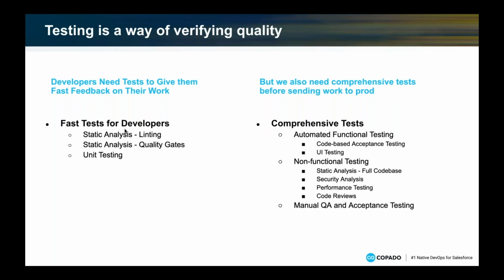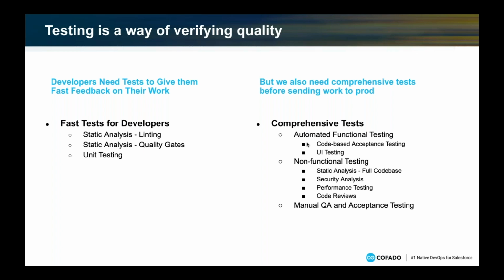Anybody who's using PMD Apex embedded in there, or tools like SonarQube or CodeScan, they can actually live in the IDE and provide real-time feedback, and then being able to run your unit tests from inside VS Code, or run them very, very quickly to get fast feedback for developers within just a few minutes to make sure you haven't broken anything obvious.